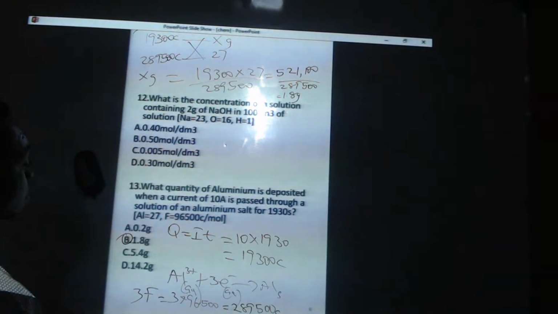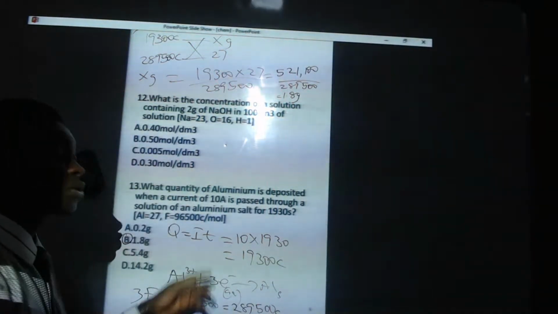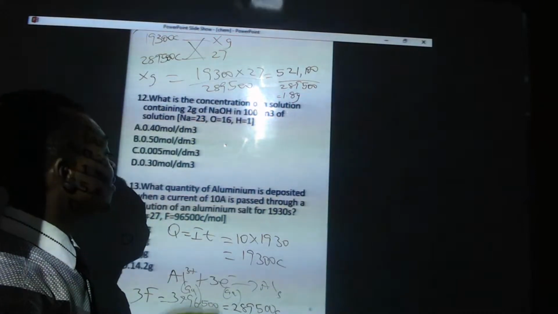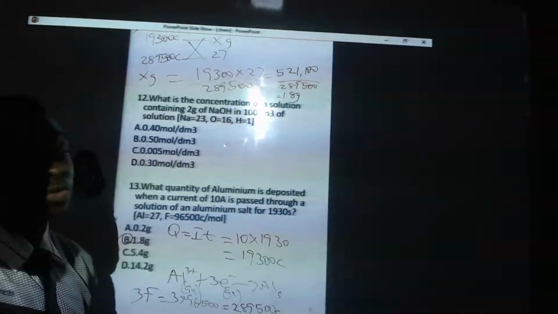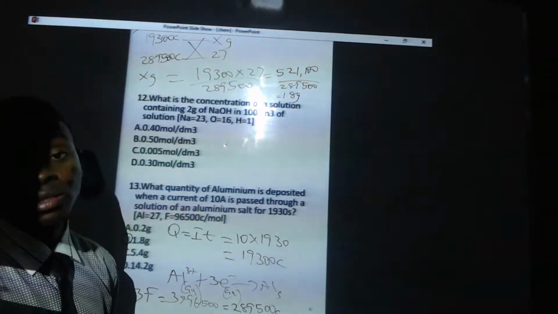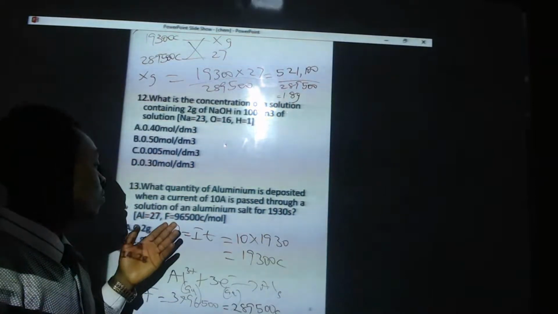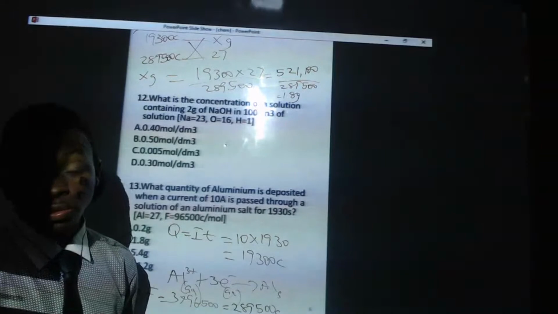Now look up again, let's go through what we did. I said once you have been given something like this: what quantity of aluminium is deposited when a current of 10 amp is passed through a solution of aluminium salt for 1,930 seconds? Now you are being given your mass of aluminium as 27, your Faraday as 96,500 coulombs per mole.